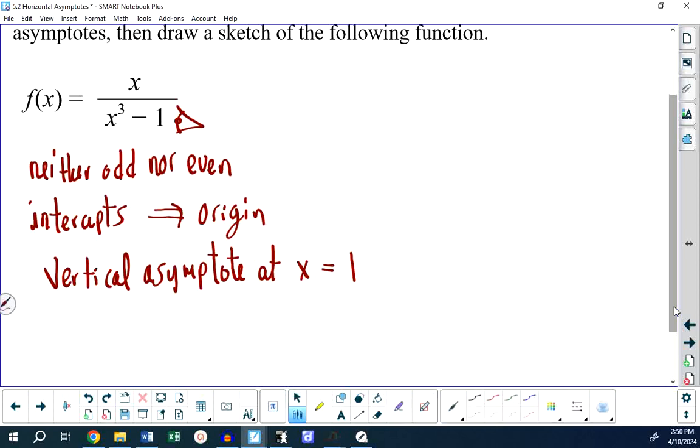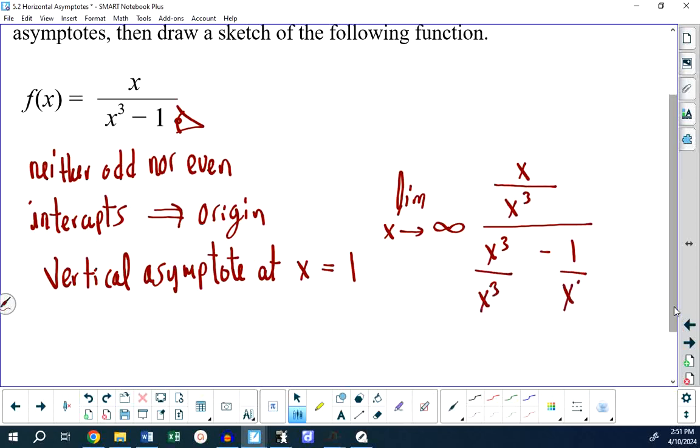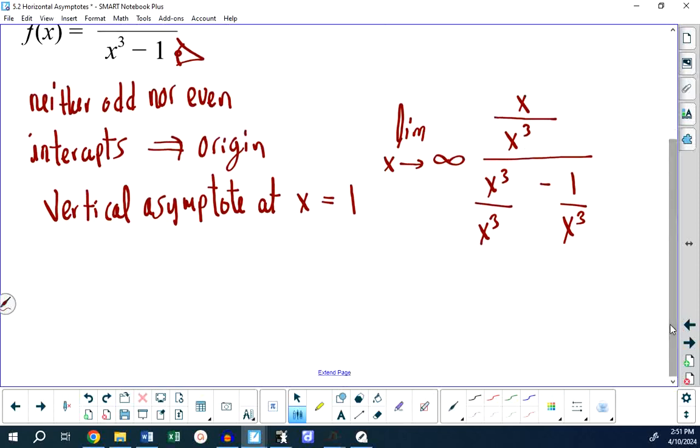I'm going to now find the limit as x approaches infinity of x over x cubed minus 1. Listen, if you want to take the shortcut here, you can. It will be 0, because the degree in the numerator is smaller than the degree in the denominator. But I'm going to divide everything in the numerator and denominator by x cubed. That's your rule. You divide everything by x to the highest degree.